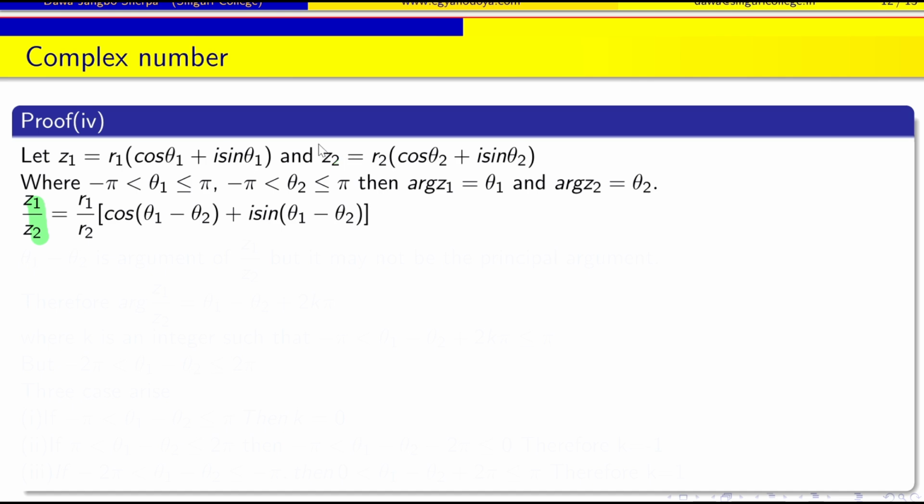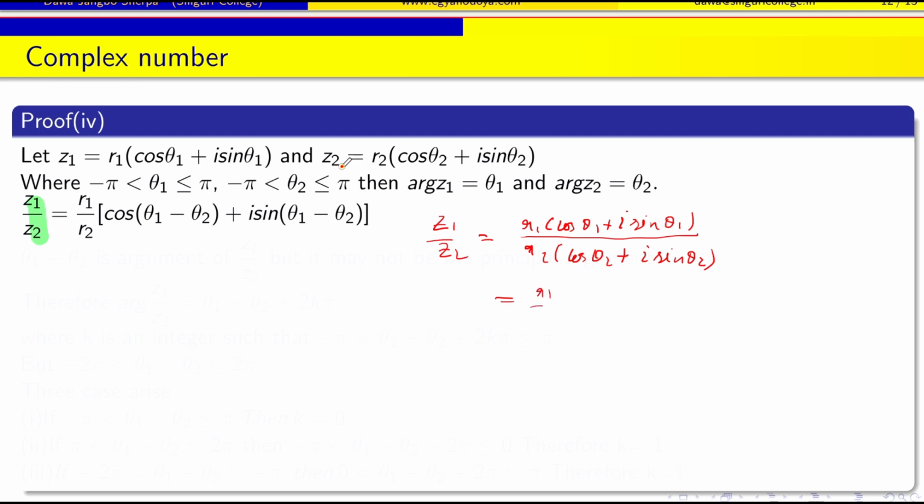So we can find Z1 by Z2 is equal to r1 (cos theta 1 plus i sin theta 1) divided by r2 (cos theta 2 plus i sin theta 2). I'm going to multiply the numerator and denominator by cos theta 2 minus i sin theta 2.